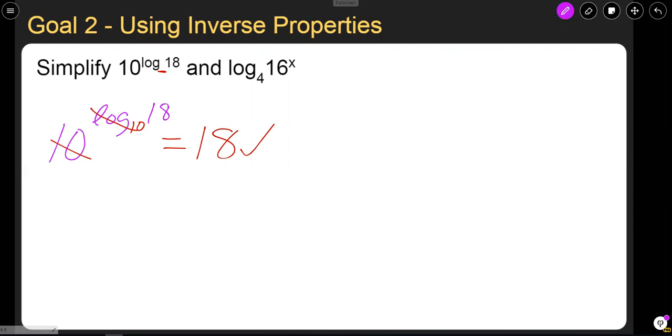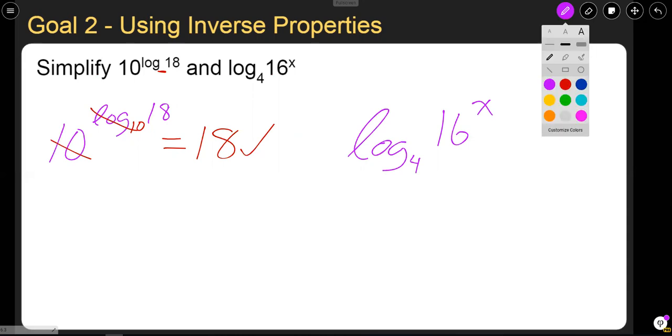Next one's got a little bit of a trick to it. Let's say I'm converting from a logarithm, log base 4 of 16 to the x. Okay, so this is a little bit funny, but not too crazy. The key here is just to understand the relationship between 4 and 16. These aren't the same number just yet.